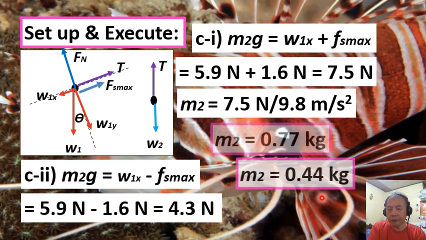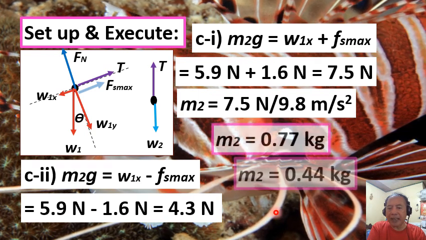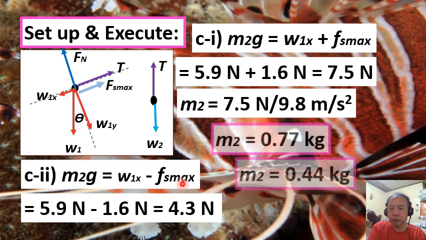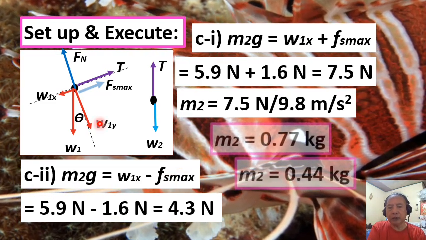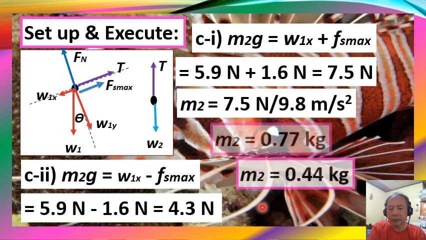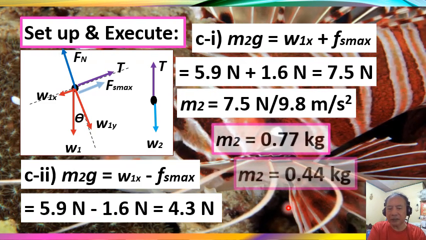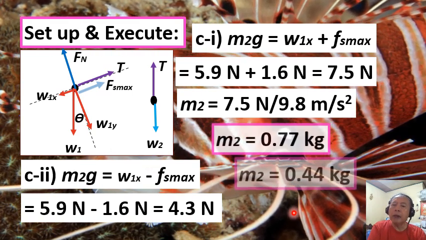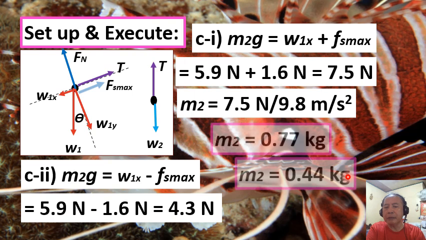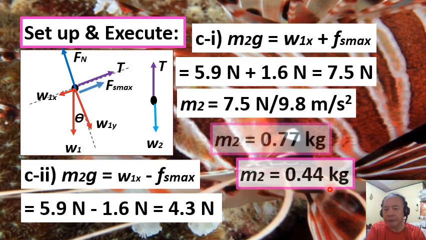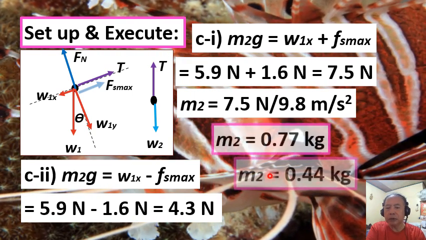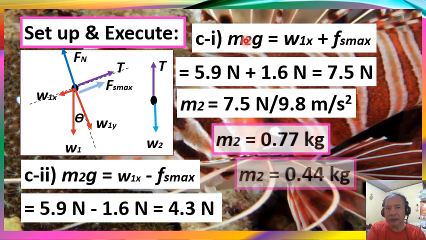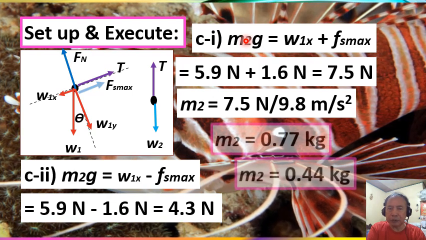So, for our final answer, what range of values of M2 are required so that the system will remain at rest? Our answer is the mass M2 should be from 0.44 kilogram up to 0.77 kilogram. Beyond these values, or if the mass of block number 2 is not within this range, then the system starts to accelerate.